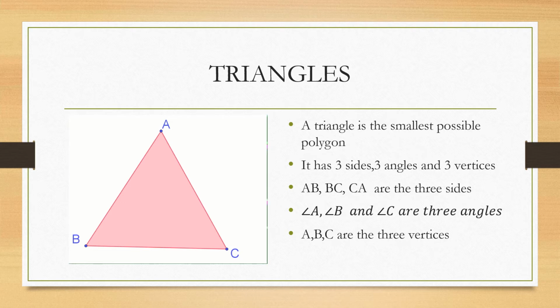The three sides are AB, BC, and AC. The three angles are angle A, angle B, and angle C. And the vertices are A, B, and C. So once again, a triangle is the smallest possible polygon made up of three sides.